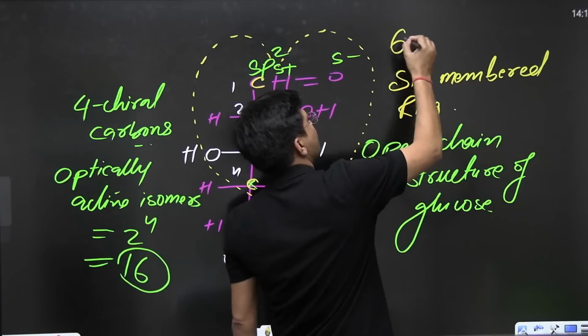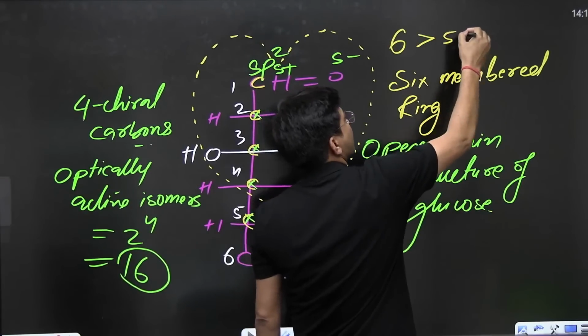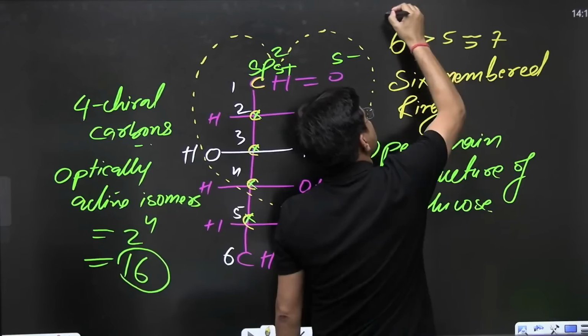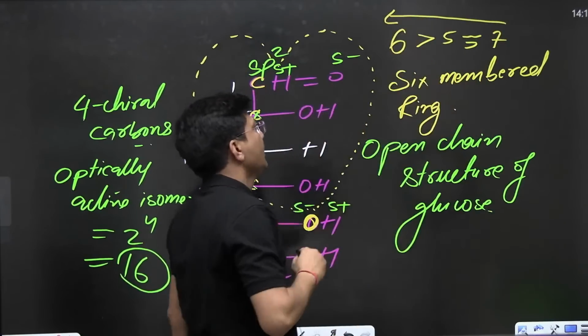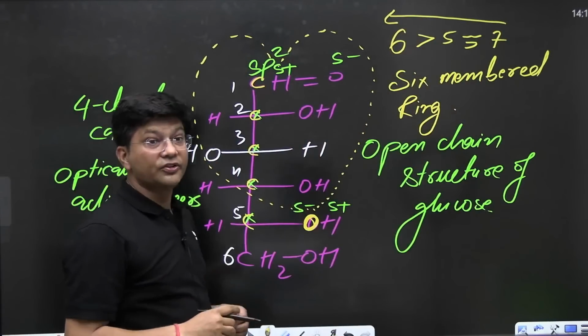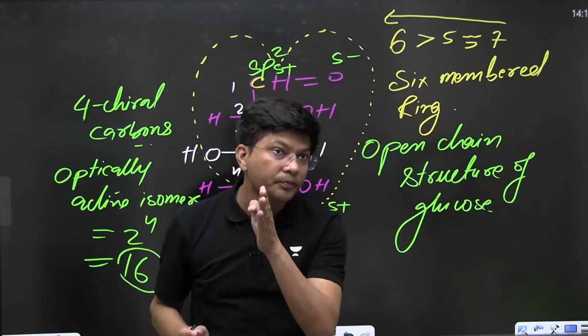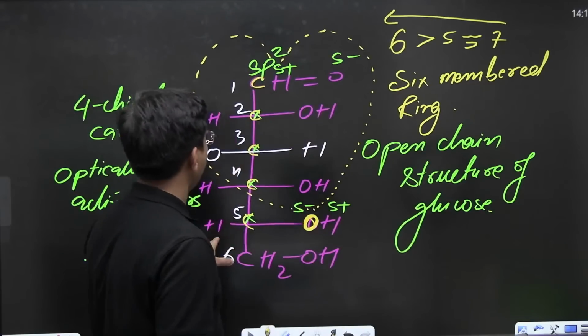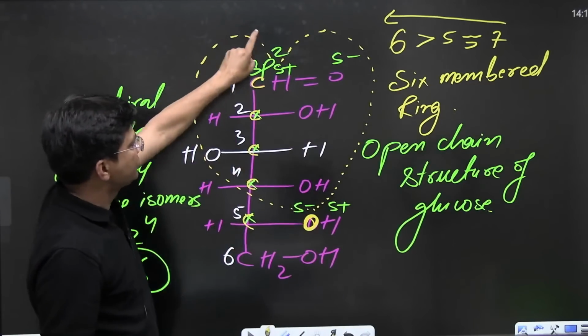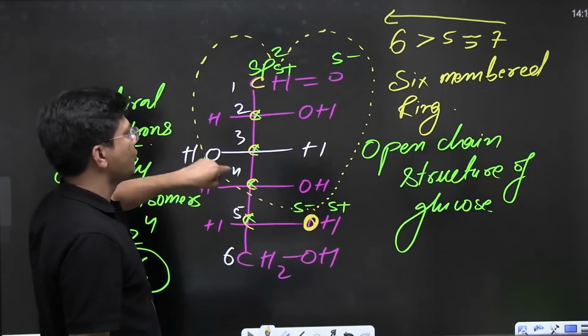Remember that a 6-membered ring is more stable than a 5-membered or 7-membered ring. This is the stability of the ring, and this is going to form the pyranose ring structure. So let me tell you its cyclic ring form, that is the pyranose ring structure.